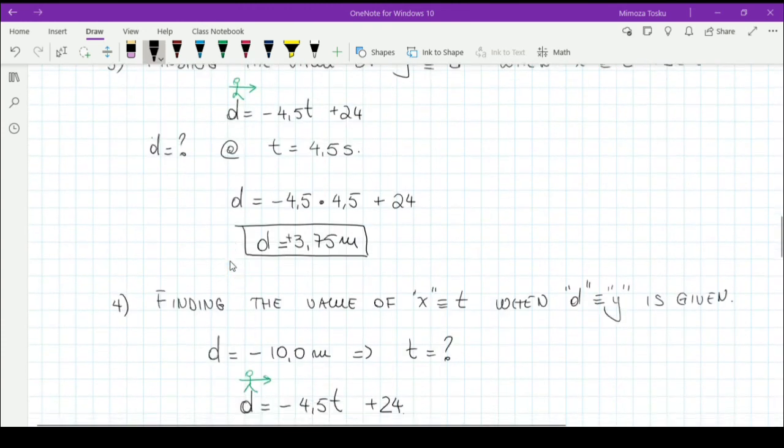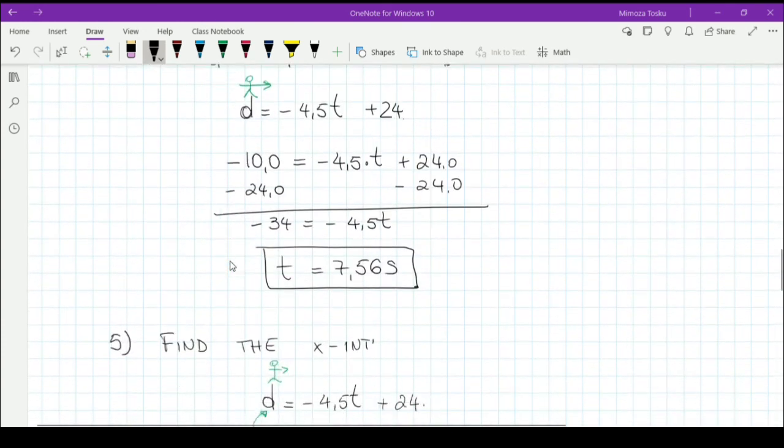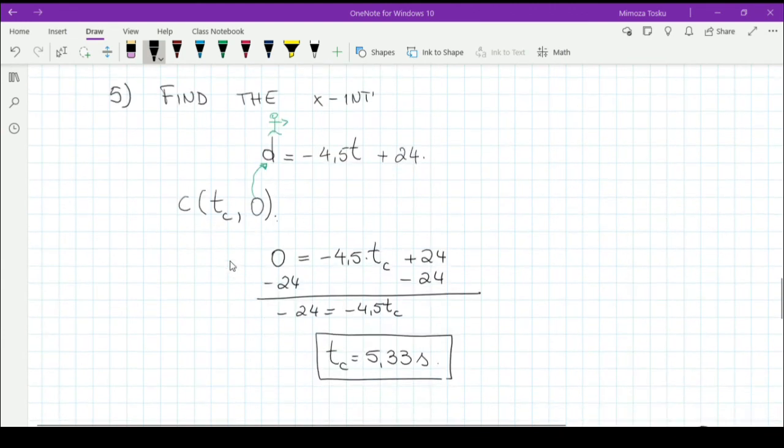So this fact will be used to find the value of t for x, the coordinates of point C. The starting point again will be the equation of the line, and since we are finding the x-intercept, we'll use the fact that the d value is equal to 0.